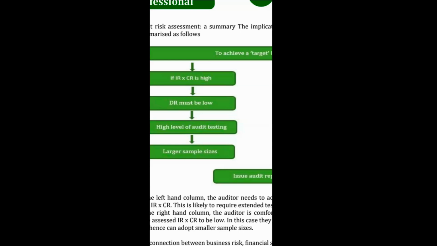But where the auditor does not have an understanding of how the business operates, instead of collecting 10%, he will take over 30% or 40% of the population to be very sure that he has done the needful.